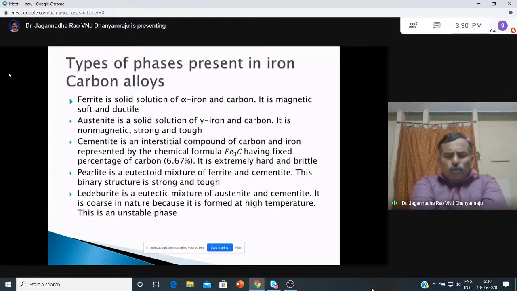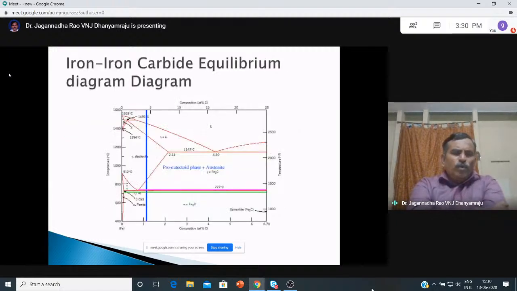Okay, so if you see the iron carbon diagram at the lower temperatures, that is below 912 degrees centigrade, you will get alpha. More or less alpha, of course, this alpha is limited to a very narrow region.